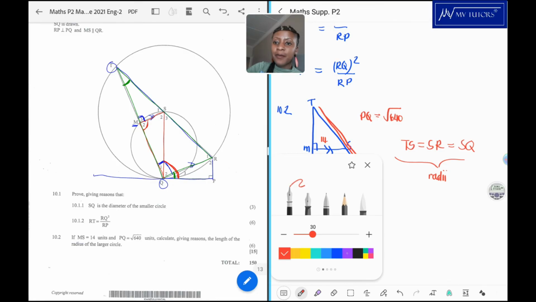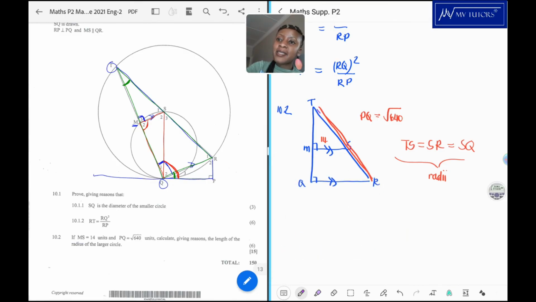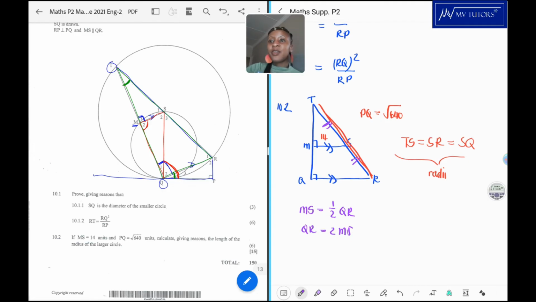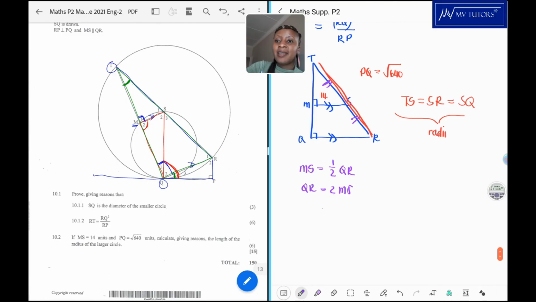So if I know that TS is actually equal to SR, and there's a rule, I forgot the name, but if you have triangles in proportion and these two lengths, TS and SR, are equal, then MS is half of QR, meaning that QR is twice MS. I don't know if you're going to need it, but let's put everything we know.